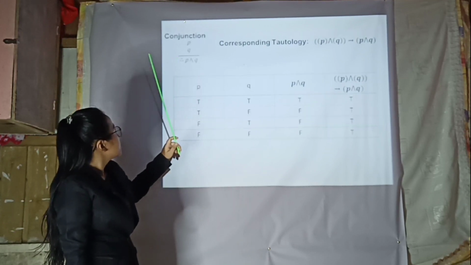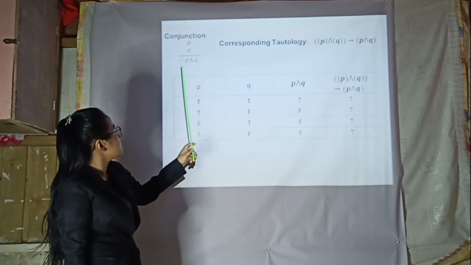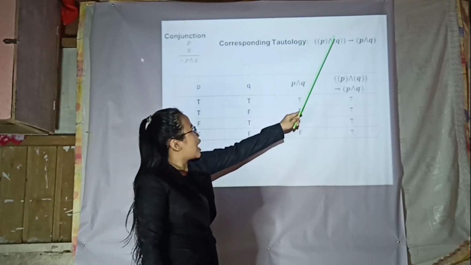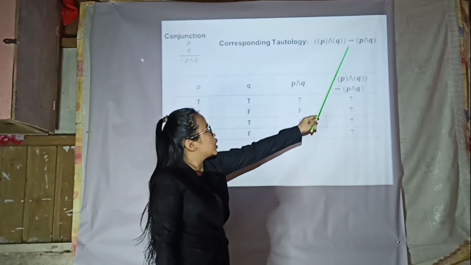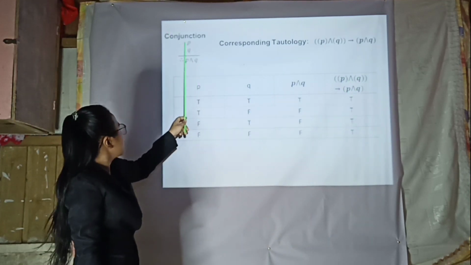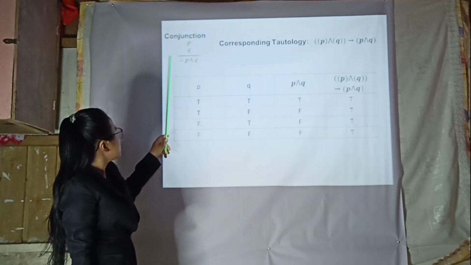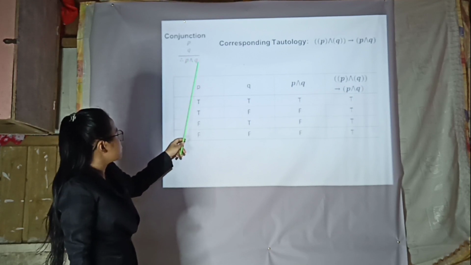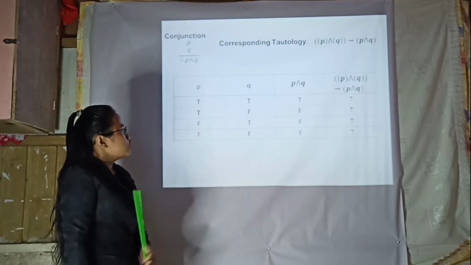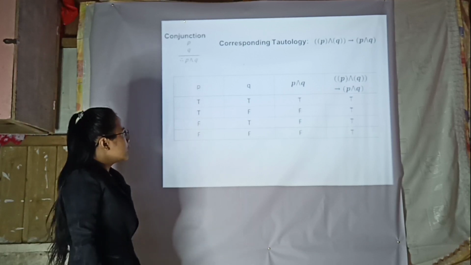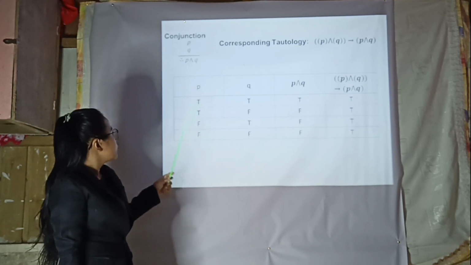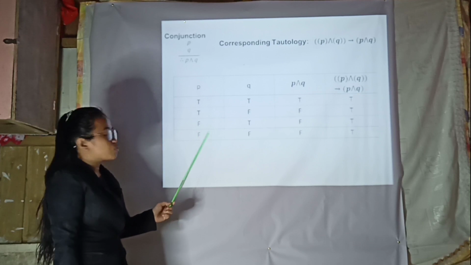The third rule of inference is the conjunction. The corresponding tautology is P and Q implies P and Q. So P and Q, therefore P and Q. We have two variables, so 2 squared equals 4, then 4 divided by 2 equals 2. In P, we have 2 true and 2 false.